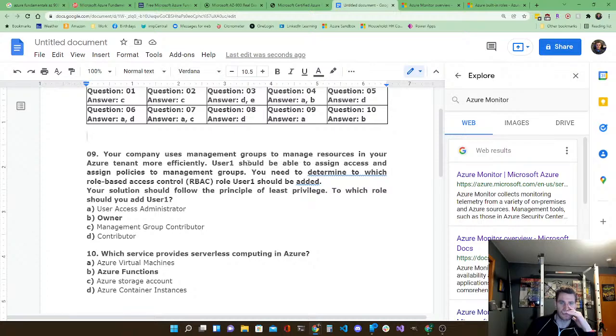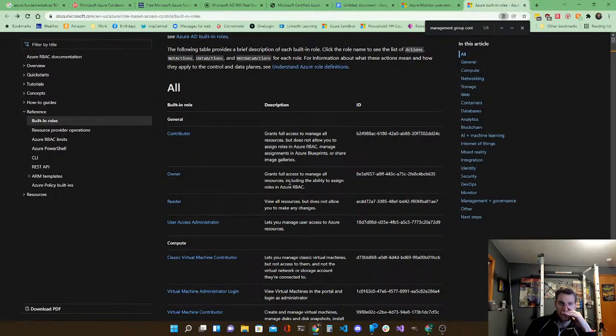I guess user 1 should be able to assign user access and policies to management groups, even though, what did owner say? Grants full access to manage all resources, including the ability to assign roles. So I guess yes, user can do it, but because we're trying to do least privilege, then we're talking about just user access.